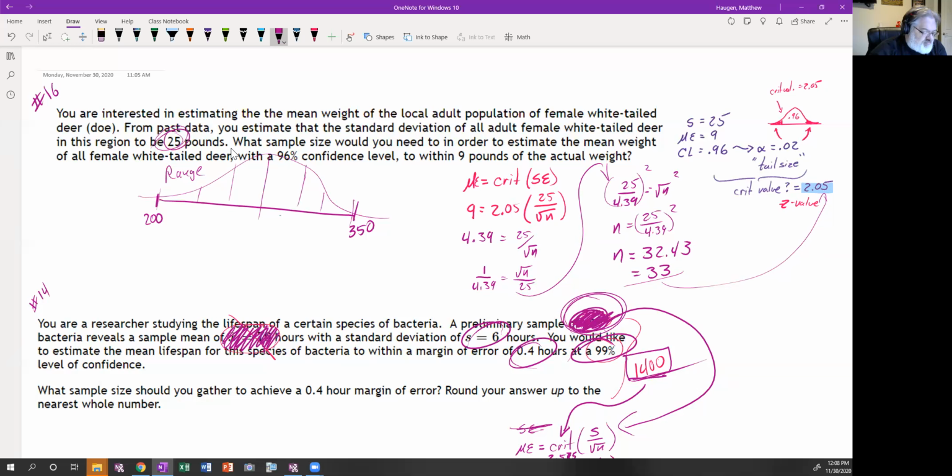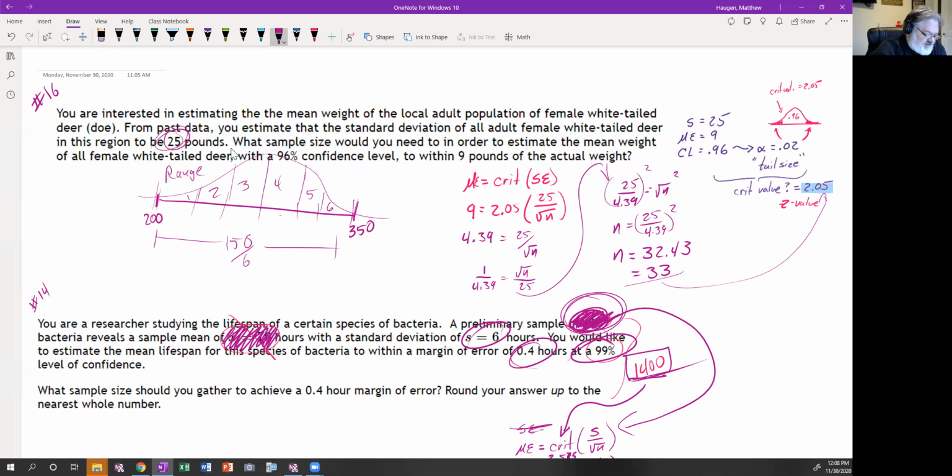It should be cut up into 1, 2, 3 above and 1, 2, 3 below, right? For 99.9% of our population, technically 99.7% of our population. So if you break it up into 6 pieces, one of the ways to get a preliminary guess at what your standard deviation should be for finding things like sample sizes here is to take that range of 150 and divide it by 6.